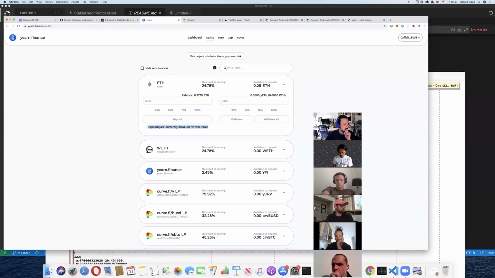Wouldn't that give me a claim to a proportionate amount of the ETH, both in the buffer in the vault as well as the strategy, and therefore, even though my 1 ETH might not be deposited into the strategy, and it sits in the buffer because of this careful liquidation ratio management, a proportion of the ETH is still earning, and you've got the flywheel of more ETH, and therefore, wouldn't my 1 ETH have a claim?